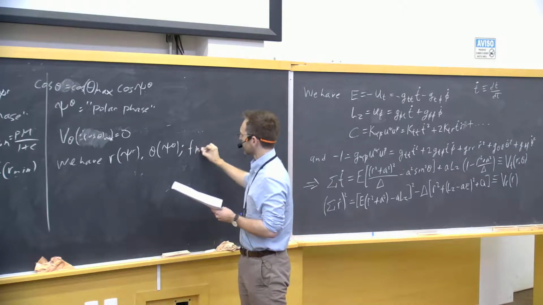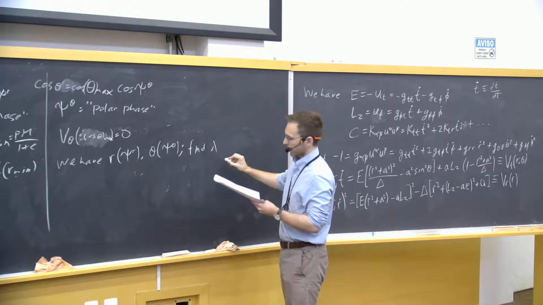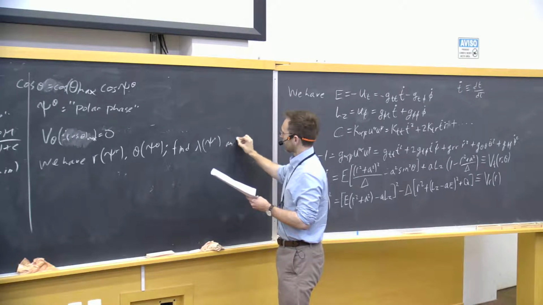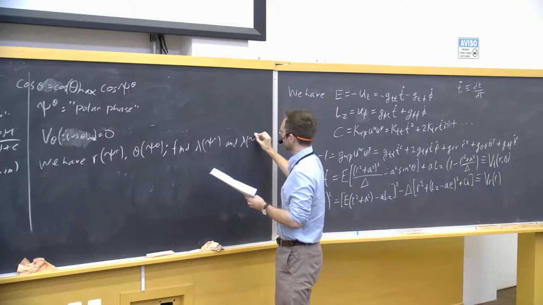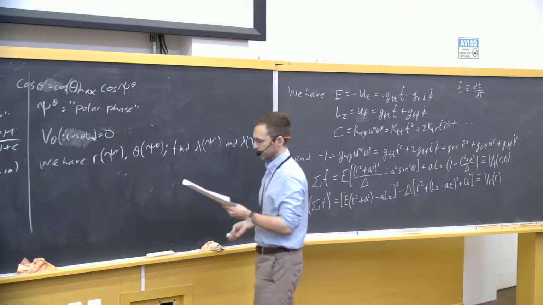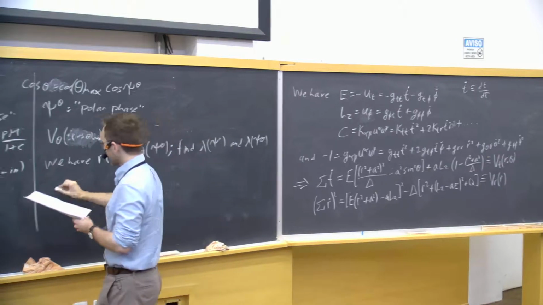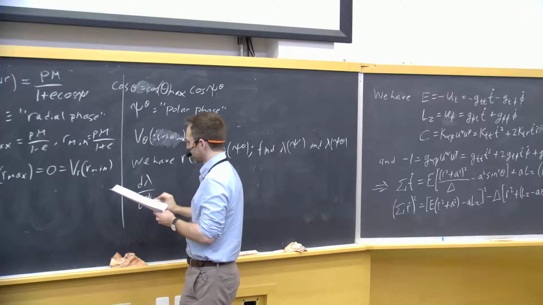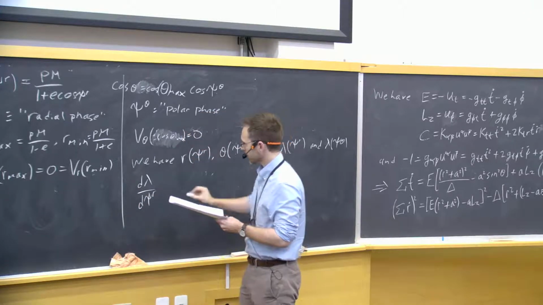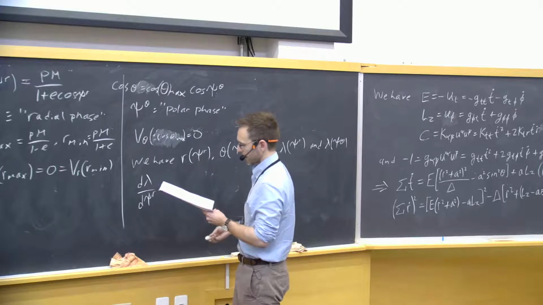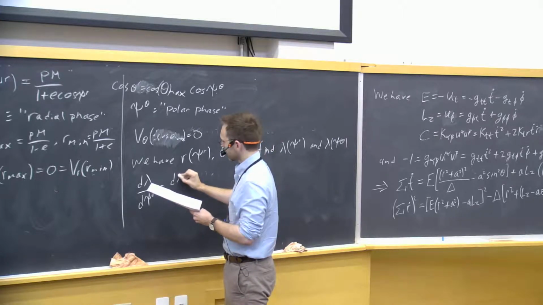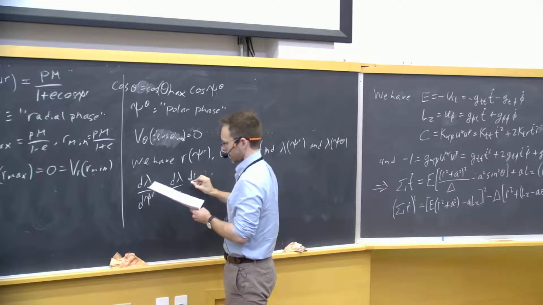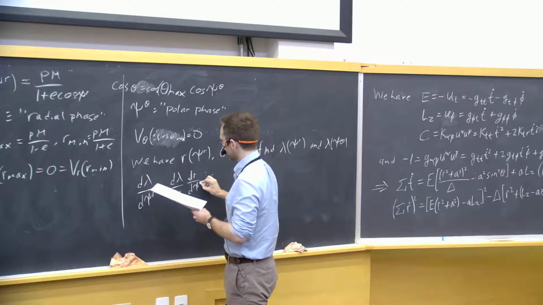Then we need to find lambda as a function of the phases. And we do that the same way we found time as a function of phase in the Schwarzschild case: d lambda d psi r is d lambda dr times dr d psi r.